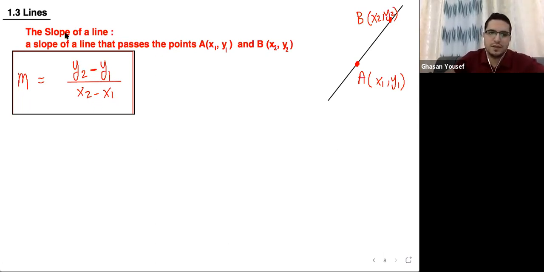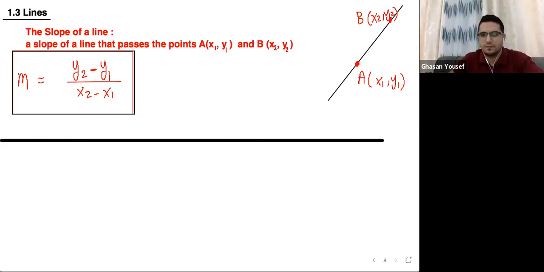Okay, suppose my line is vertical like this. Now I'm going to give you some cases. Suppose my Cartesian plane looks like this.